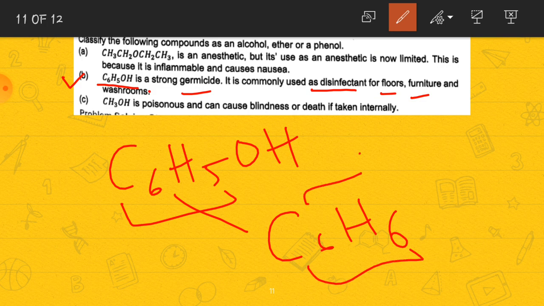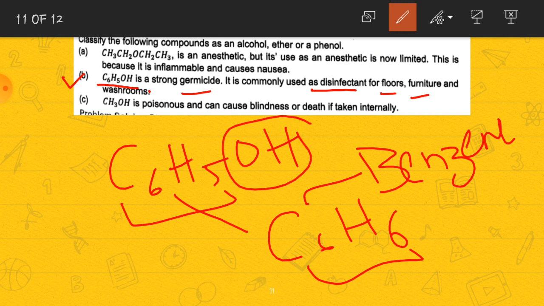C6H6 is the formula for benzene. Now if we remove one of the hydrogen atoms from the benzene ring and substitute it with an OH group, then we will get a class of organic compound named phenol. We just read about phenol and we just knew the structure of phenol. So this C6H5OH is a phenol.